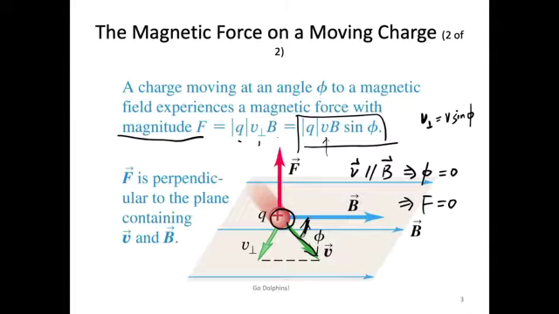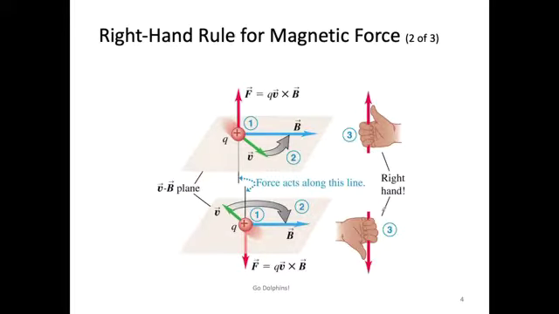Look at the picture. We find that V and B determine a surface, and the magnetic force is perpendicular to the surface made up by V and B. We call this the right-hand rule for magnetic force.